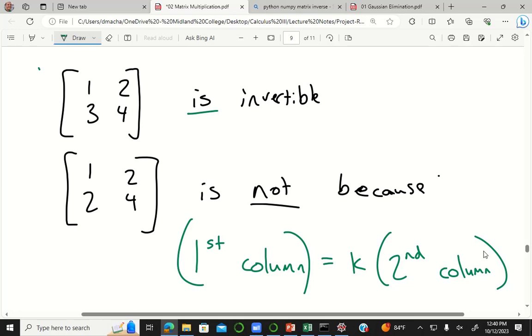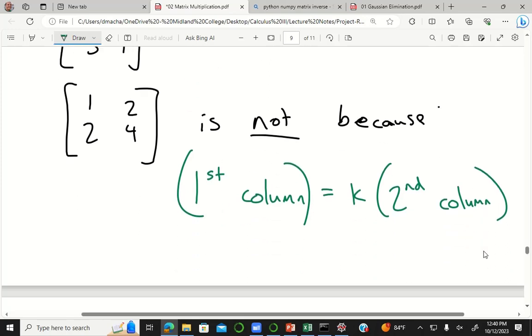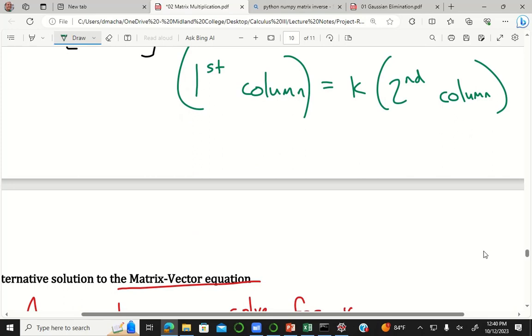And if one column is just a scalar multiple of another column, it turns out your matrix is not invertible. And there's a good explanation for this, but I know I can't explain the whole thing in the next 10 minutes. But that's a rule, is that if one column is a scalar multiple of another, then it's no good. So the matrix that I just put into Python was this one.